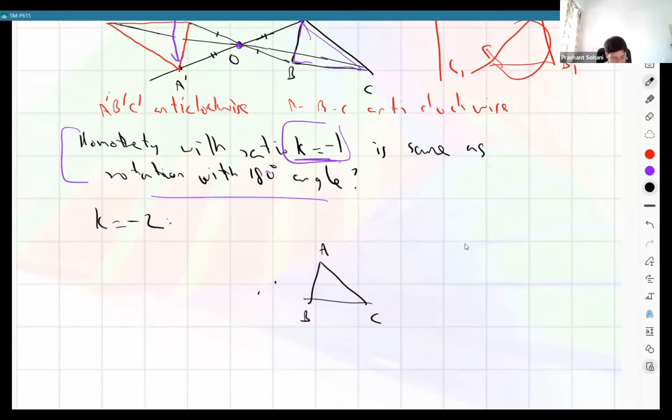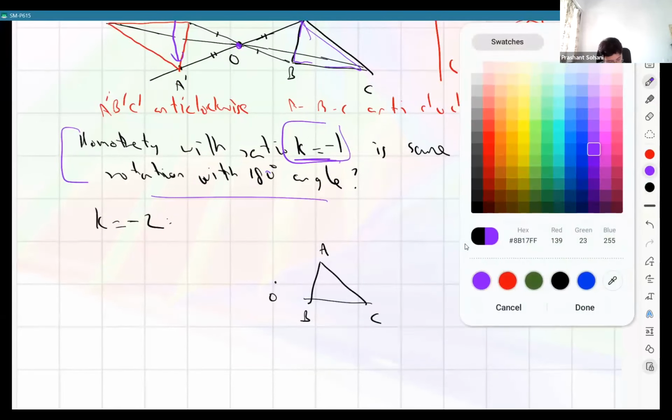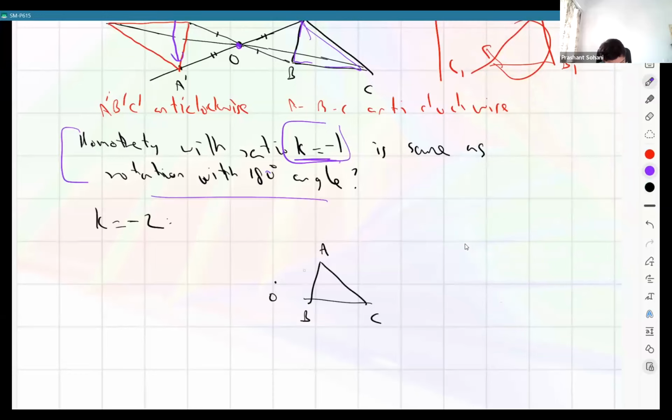What do you think will happen now? So can I draw the diagram like this? If I extend each line, again I'm going to go to the other direction, because I would like OA dash upon OA to be equal to -2.